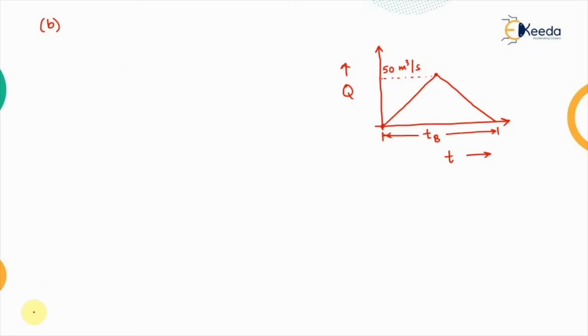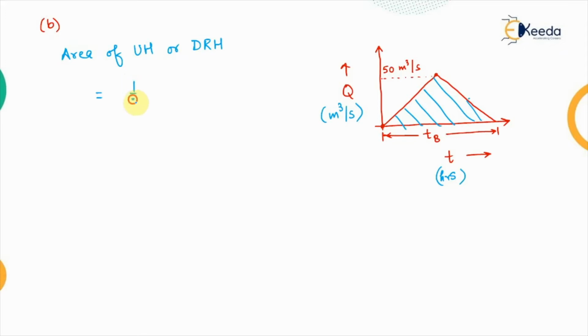Now if you look at the two parameters on the y-axis and the x-axis, we are having the discharge on the one side and duration on the other side. Therefore if we look at the area which is possessed by this unit hydrograph, this area of the unit hydrograph or the direct runoff hydrograph will be equal to half into the base into the perpendicular distance.